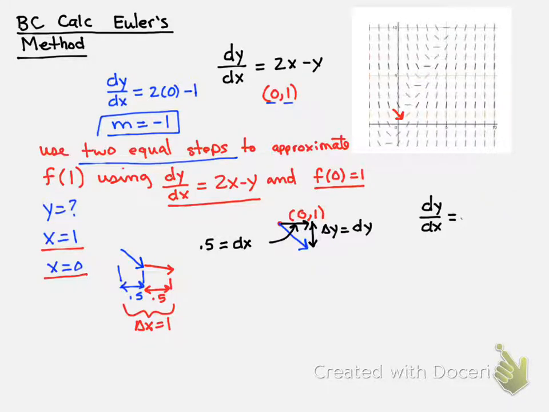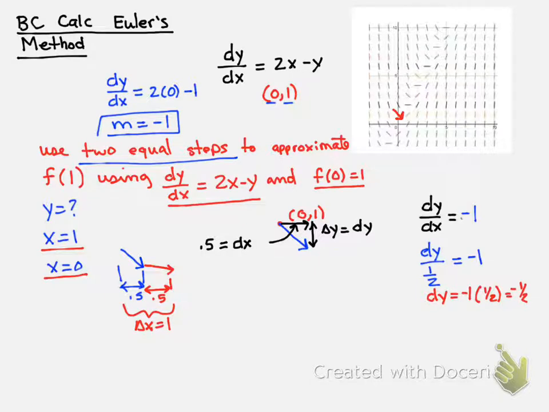So if my dy dx equals negative 1, and I know that my dx is 0.5, then I can write dy over 1/2 equals negative 1. Well, if I multiply everything by that 1/2, dy equals negative 1 times 1/2, or negative 1/2.